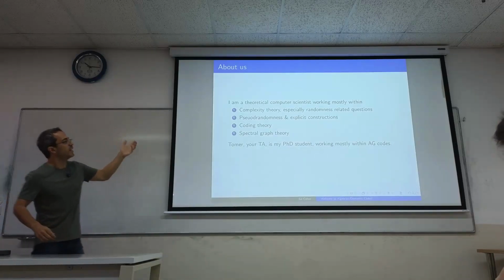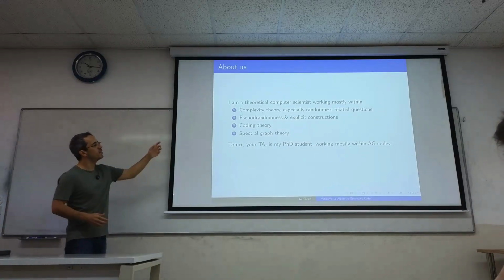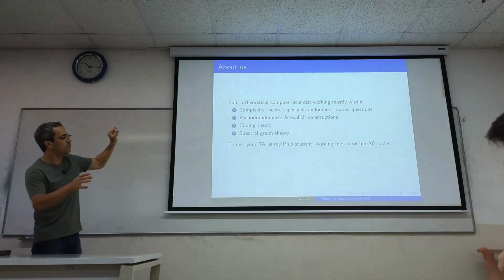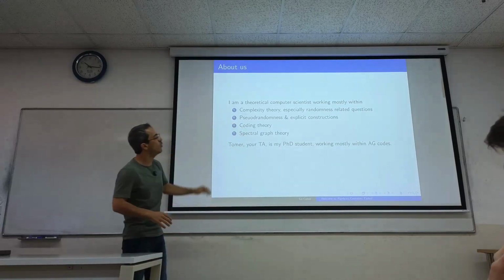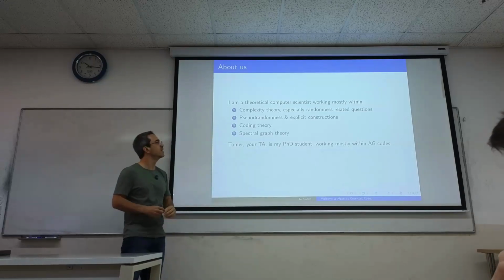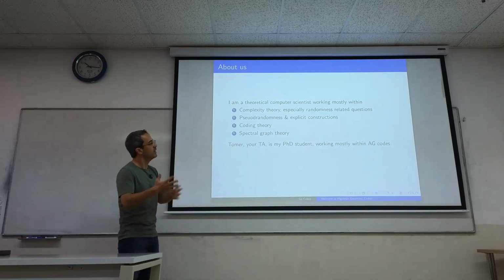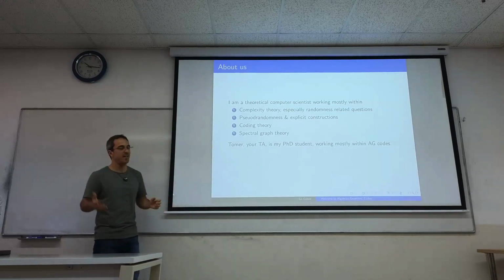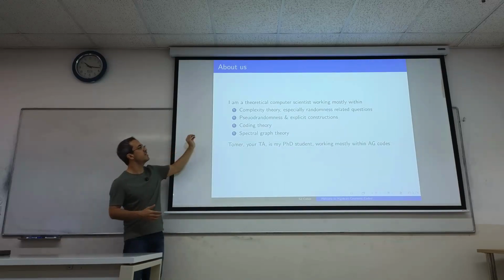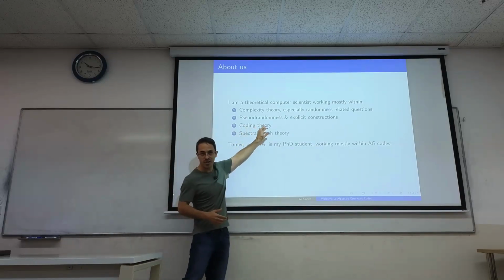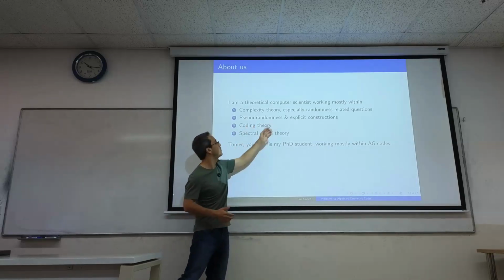So I'm doing, well, I think I'm doing complexity theory, even though I'm not doing P and NP. I'm a complexity theorist, essentially, but I'm mostly working on problems related to randomness and related questions like BPL versus L and stuff like that. And when you study those things, you usually have to construct objects that are pseudo-random. That's the second bullet here.